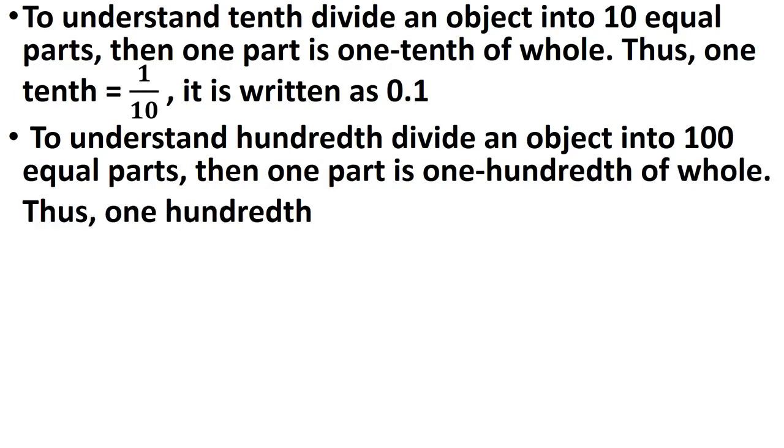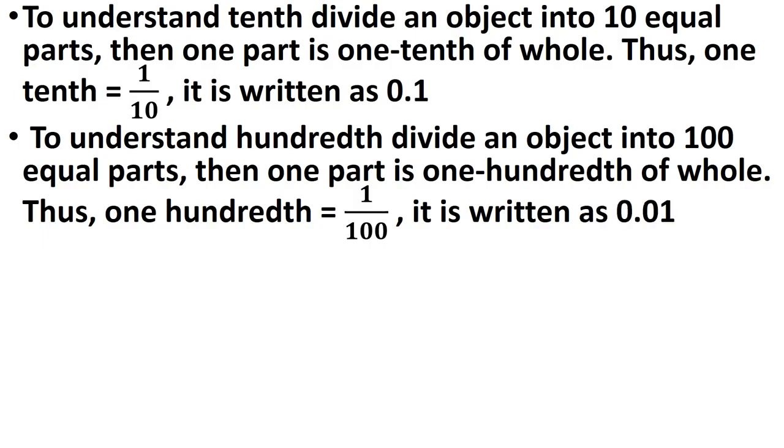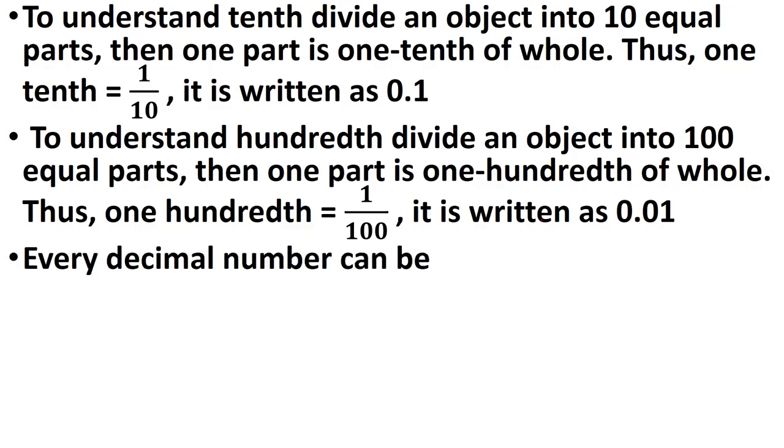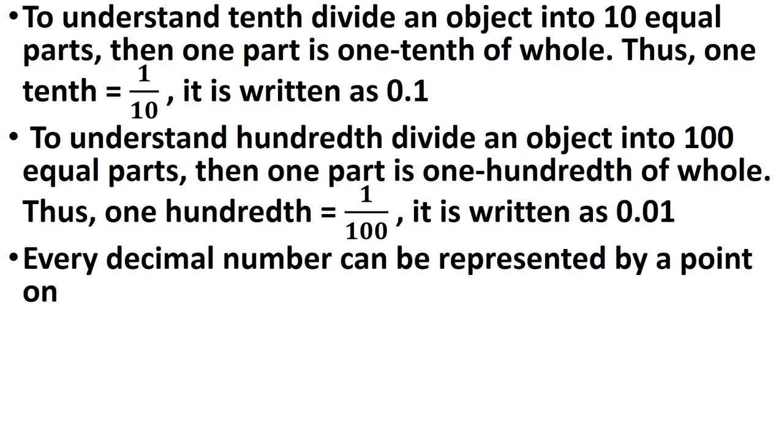Thus 1/100th is equal to 1 upon 100, which is written as 0.01, because in the denominator there are two zeros, so the decimal point will come before two digits. Every decimal number can be represented by a point on the number line.